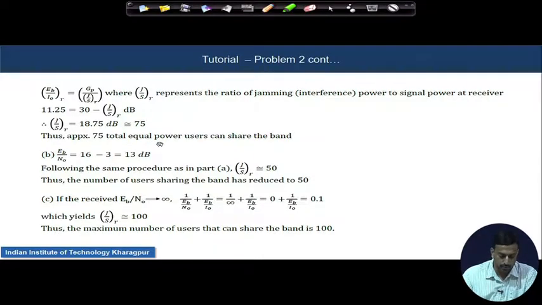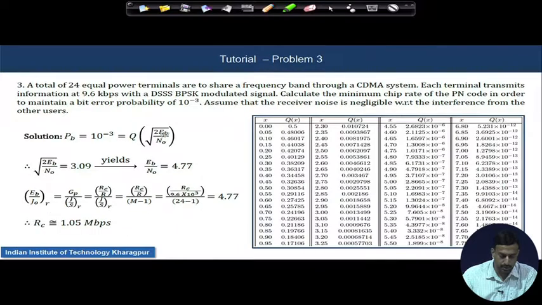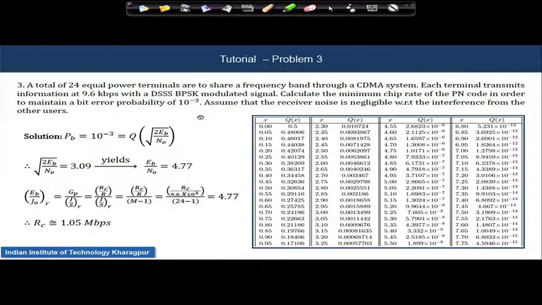So we move on to the third problem. In this problem we have been told that we have 24 equal power terminals which have to share a common frequency band using a CDMA system.